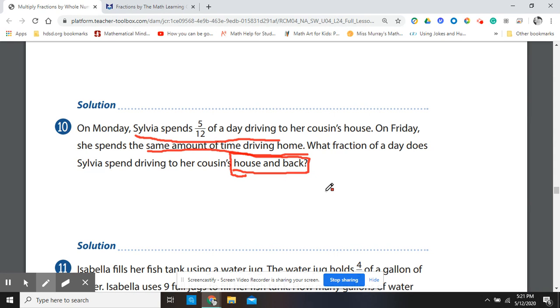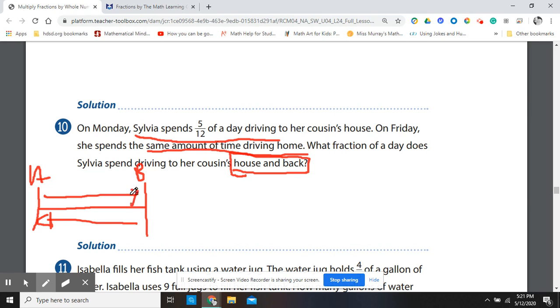I'm not much of an artist, especially when it comes to drawing on the computer. But if you're at point A and you spent 5/12 of the day traveling to point B, and you spend the same coming back, so 5/12 going there and 5/12 going back, we can represent that as an addition problem as 5/12 plus 5/12.